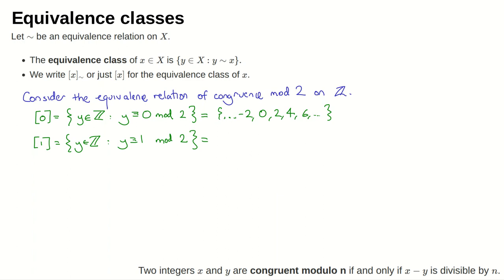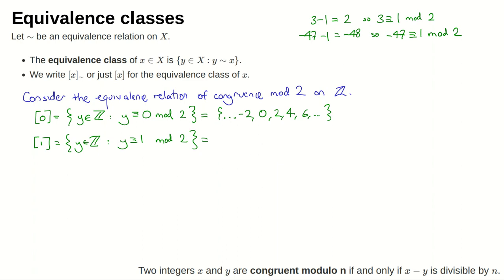So for example, if you took y to be 3, 3 minus 1 is equal to 2, which is divisible by 2, so 3 is congruent to 1 mod 2. And if you took minus 47 minus 1, then that's equal to minus 48, which is divisible by 2, so minus 47 is congruent to 1 mod 2.